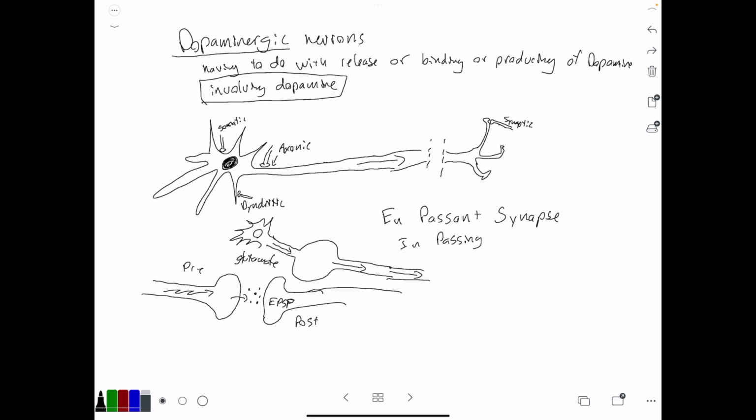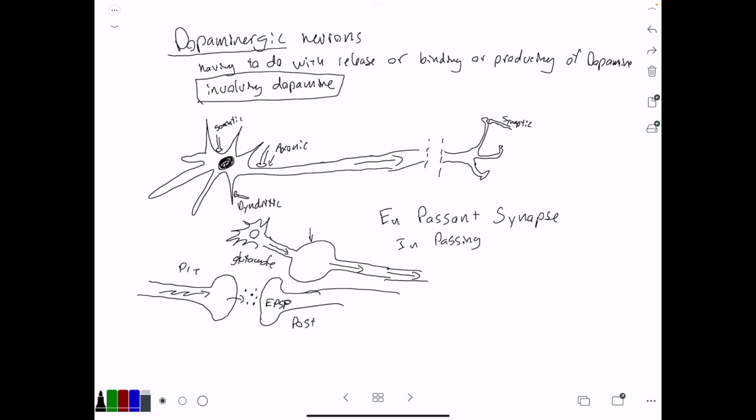But we can have these bulges in the axon, and these bulges are called varicosities. This is a varicosity because it's one, so multiple would be varicosities. This is a site within the axon at which neurotransmitters can be released. So the axon terminals aren't necessarily the only areas where neurotransmitters can be released.